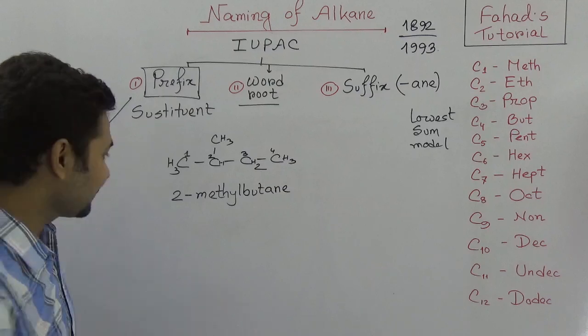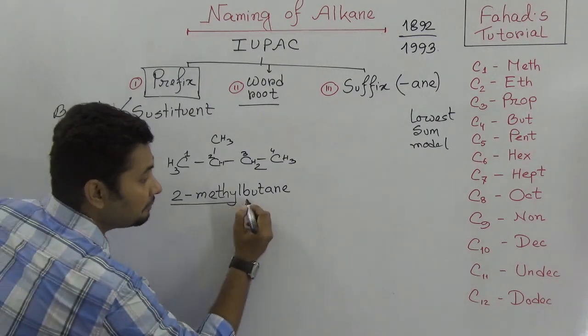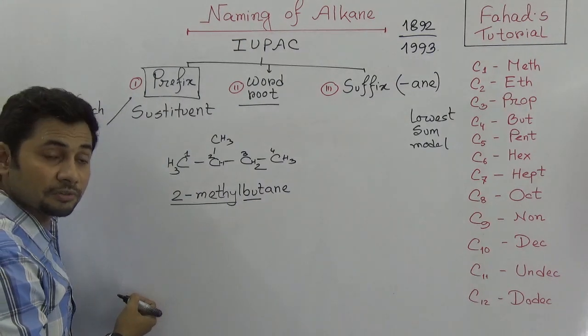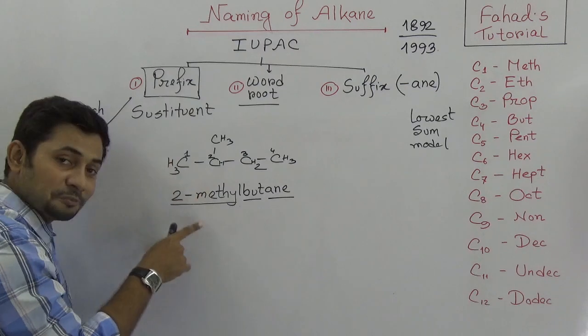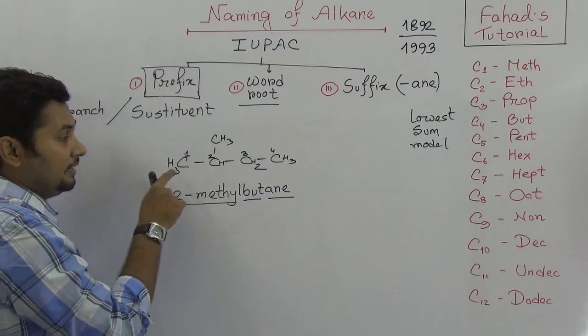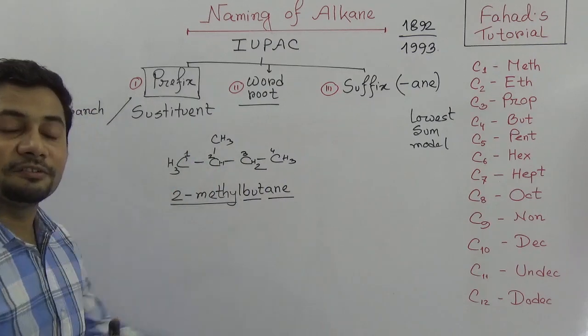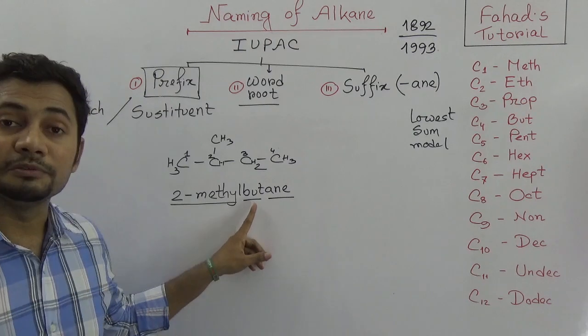Now you think 2-methyl is the prefix, but is the word root and ane is the suffix. And according to the IUPAC system, this is the process, this is the right naming of this aliphatic hydrocarbon. So it would be 2-methylbutane.